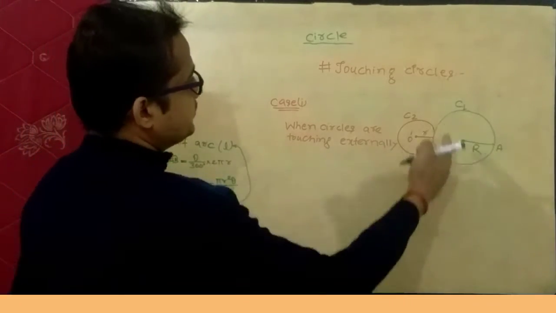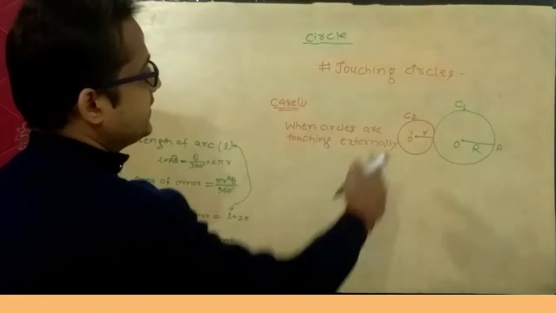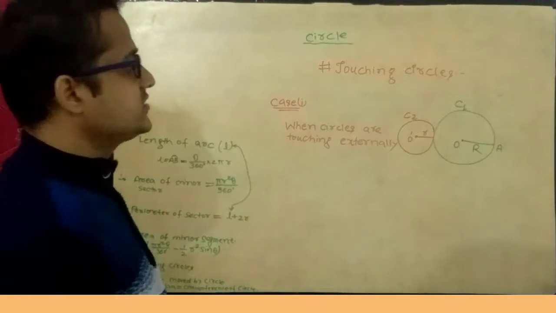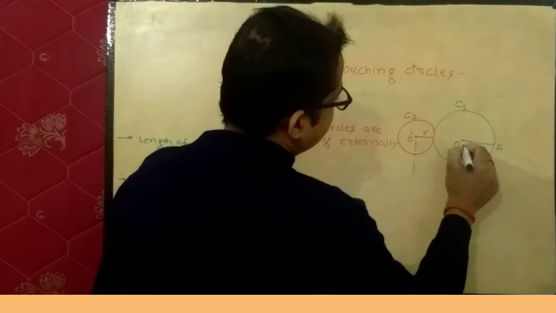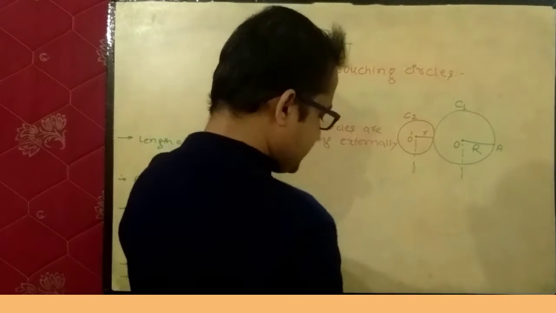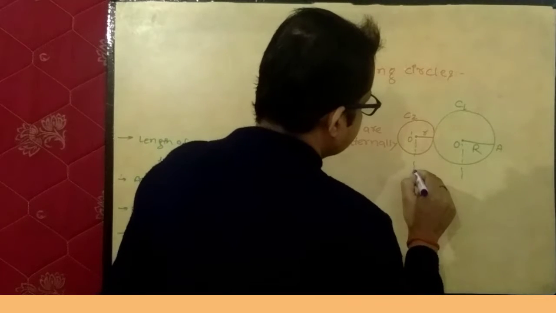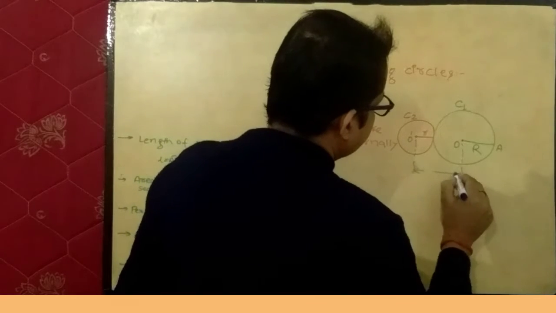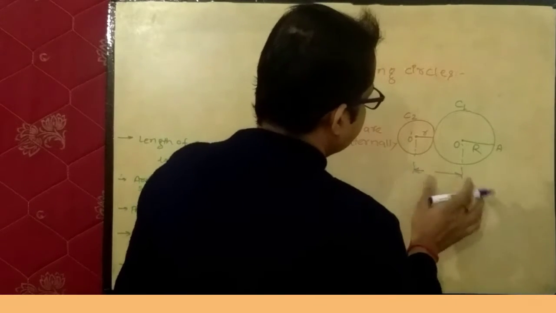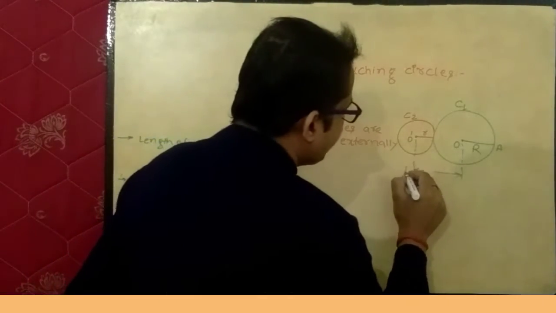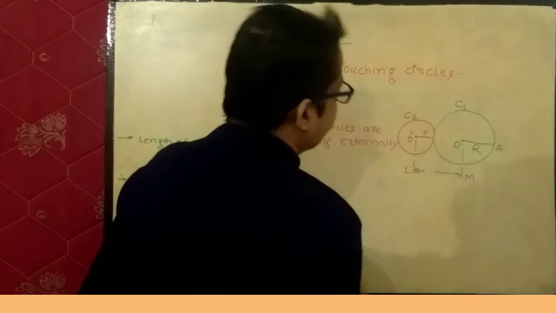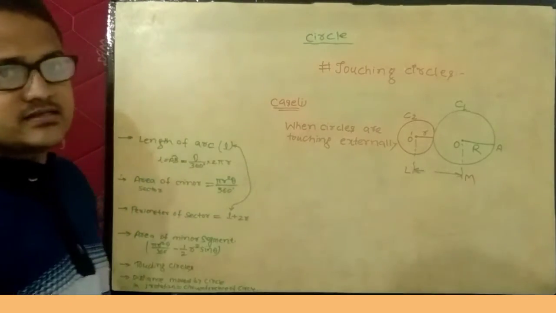This is circle C1 having radius capital R and this is circle C2 having radius small r. Now we have to calculate the distance between the centers of these two circles. Suppose this is L and this is M.